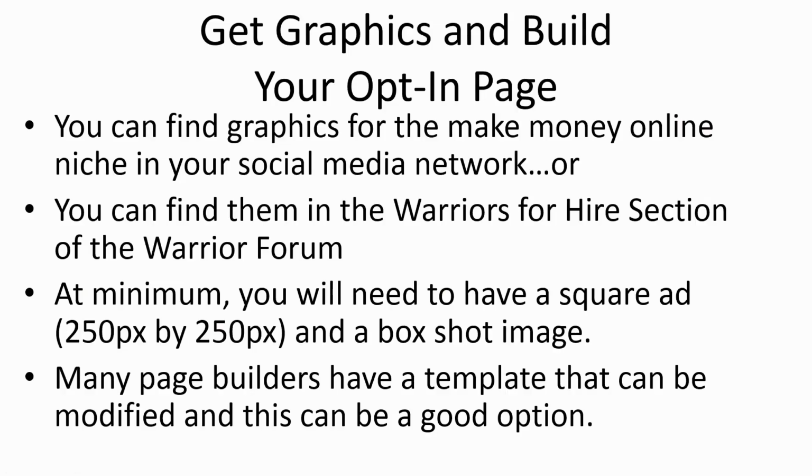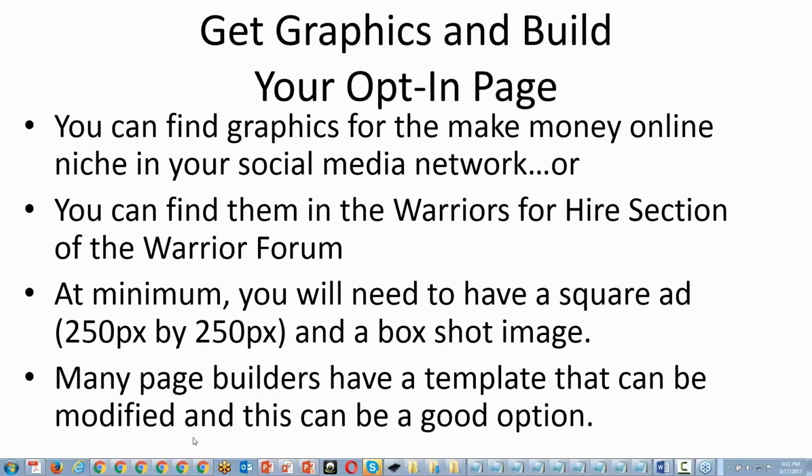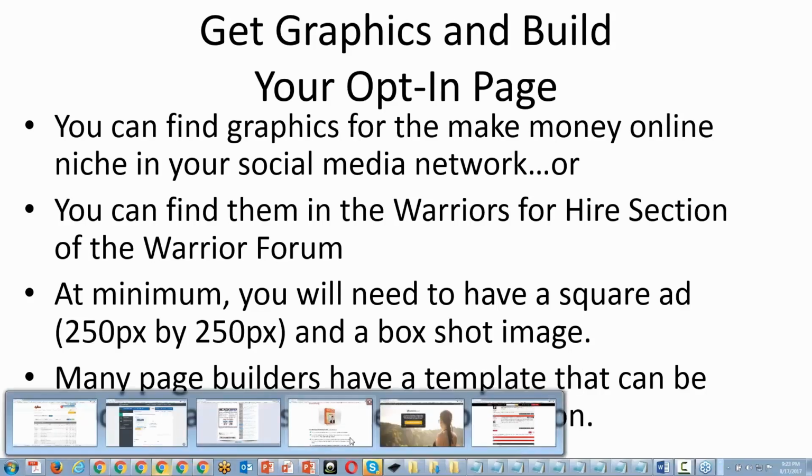Okay, now in terms of your opt-in page, we've kind of finished talking about the graphics. Most of your page builders are going to have a template that can be modified. You just saw one of those templates a second ago, and I'll show you another one here.